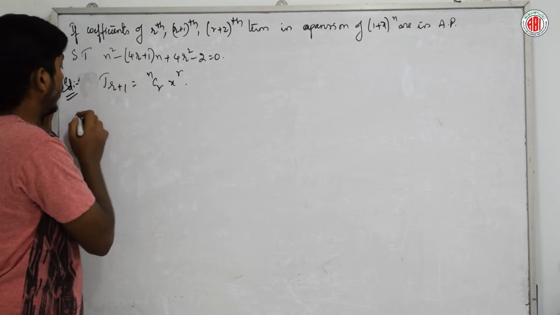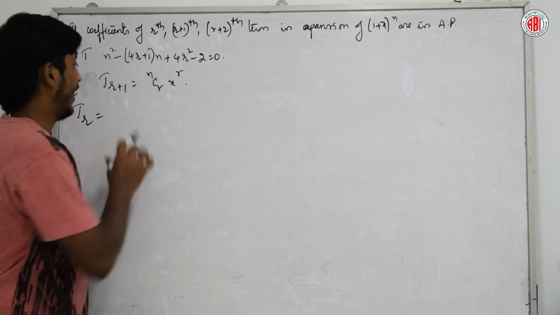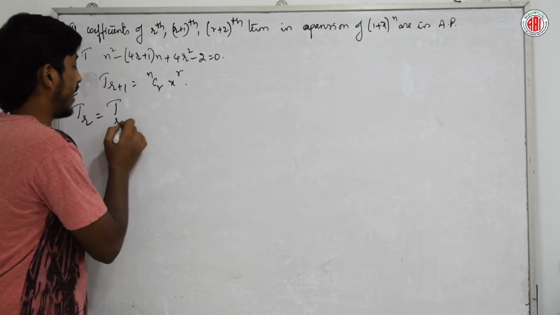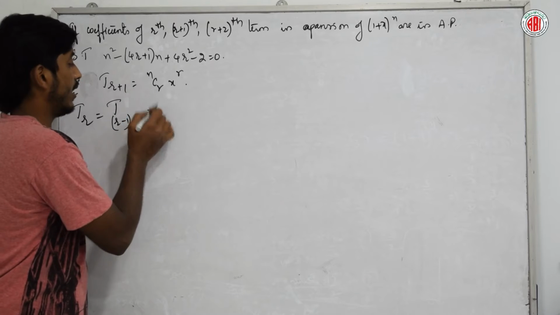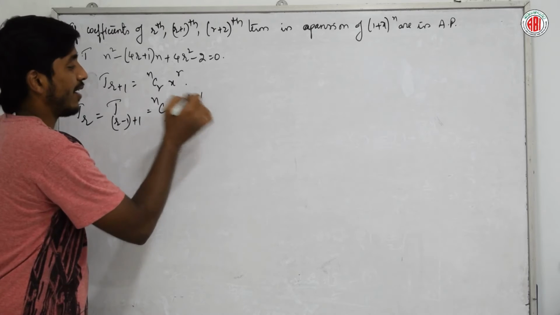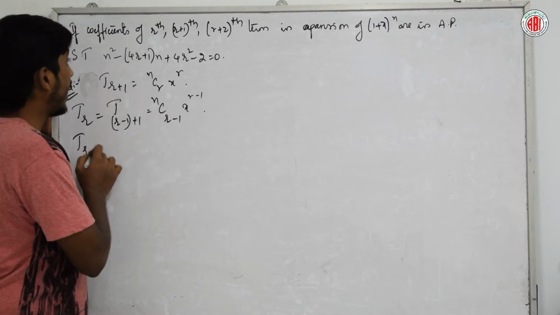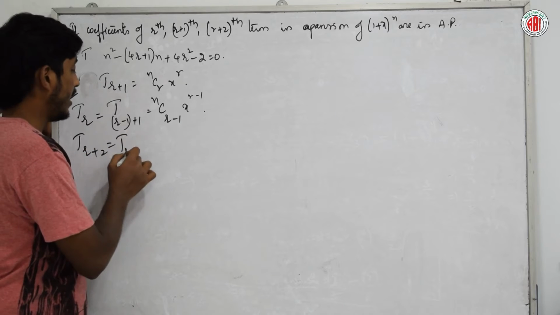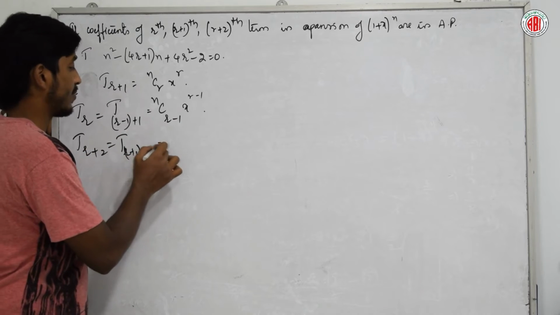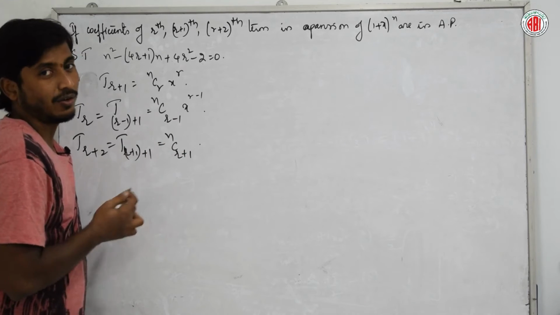So what about Tr? Just tell me, I have to put, instead of this r, I have to write r minus 1 plus 1, that is nC(r-1) x power r minus 1, right? Next, what is T(r+2)? T(r+1+1), this is nC(r+1), x power r plus 1. So what are the coefficients now?